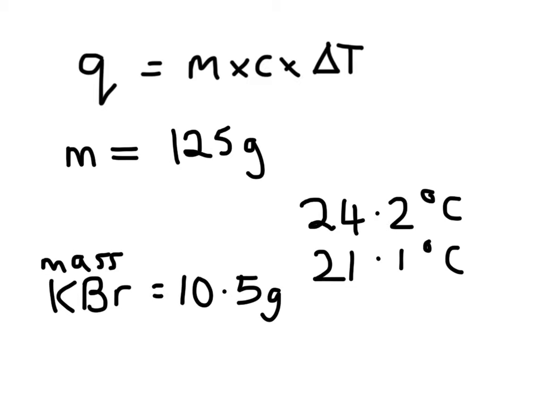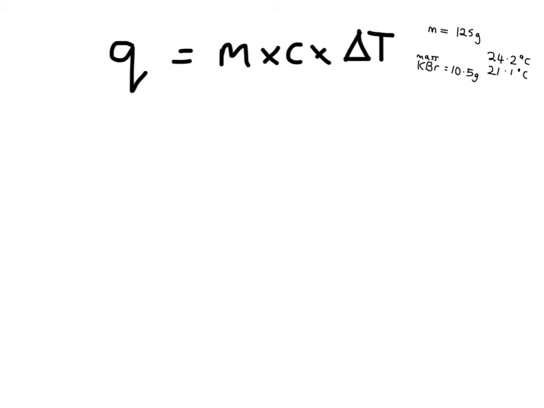Okay, we're going to substitute these numbers in a second. So I've just shrunk my numbers and put them to the side so I can see them. So I'm going to substitute them in. So we're going to have 125 grams. It's important to keep the units just so we don't get mixed up here.